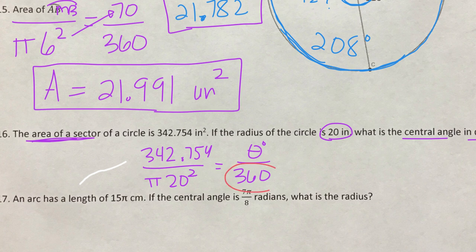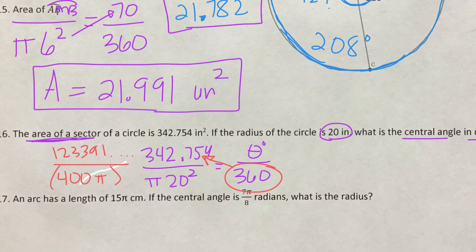So let's take 360 and multiply it by 342.574. That's 123,391 and change. Then we're going to divide that by 400 pi in parentheses.